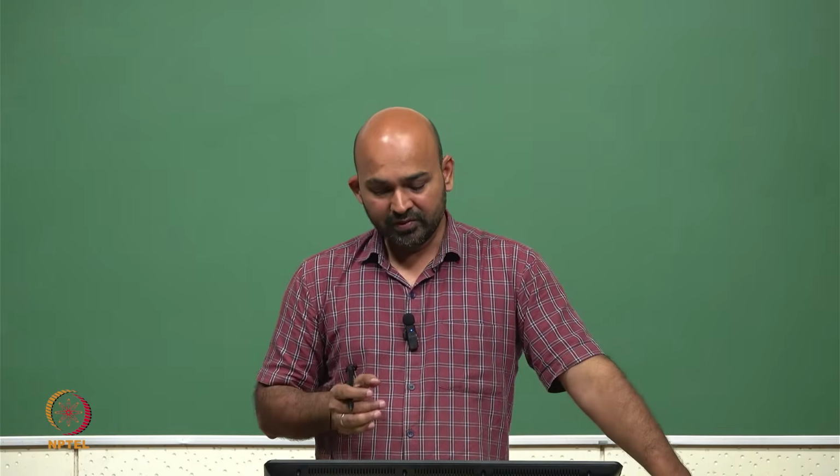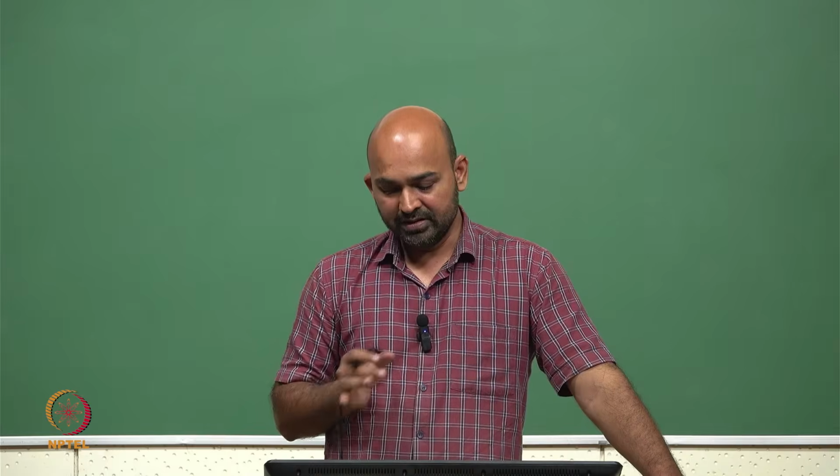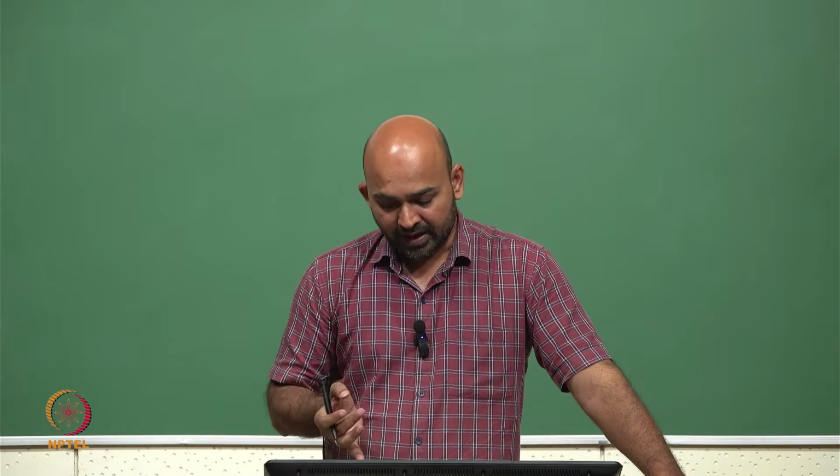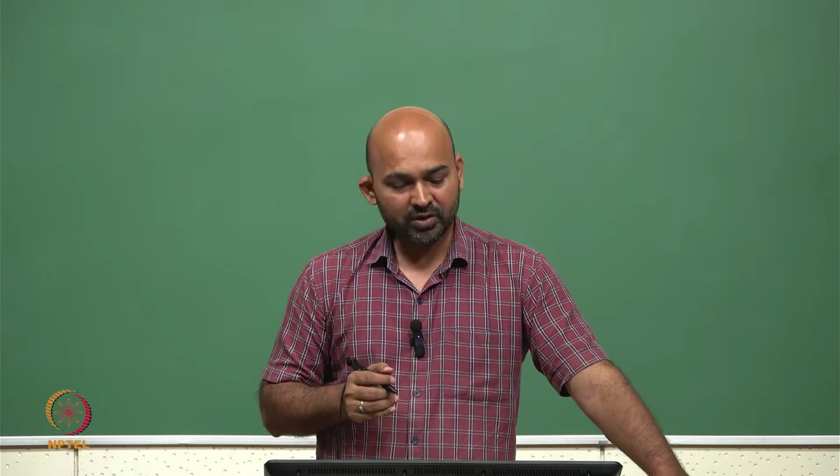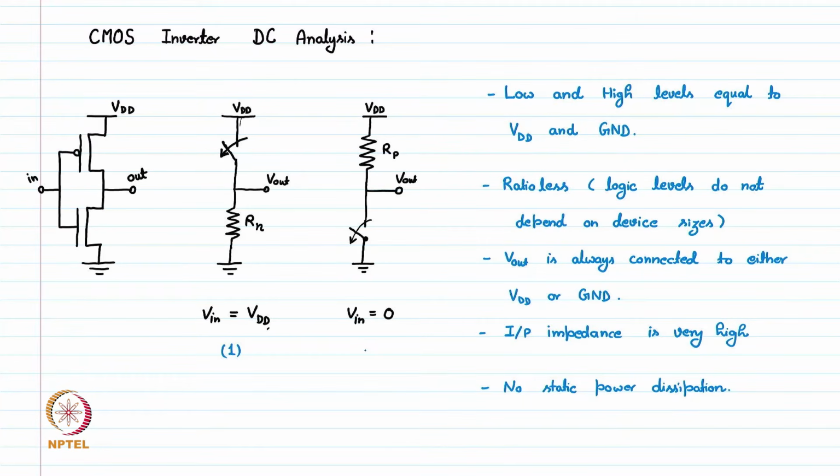Here in the CMOS inverter, we have very high impedance at the gate, and there is no static power dissipation because in both of the cases, we have either PMOS off or NMOS off. In any of the cases, there is no direct current flowing from VDD to ground. So, there is no static power dissipation in this CMOS inverter.